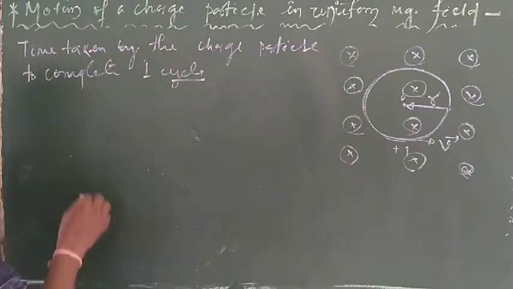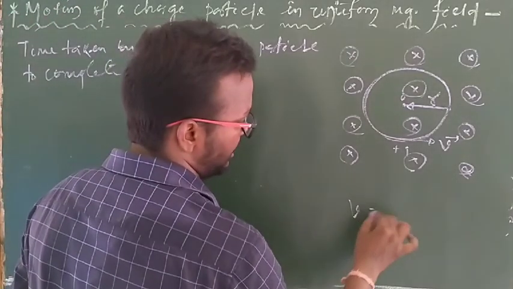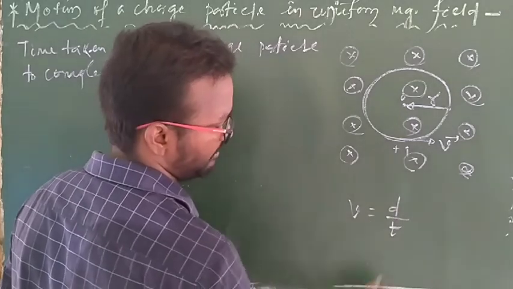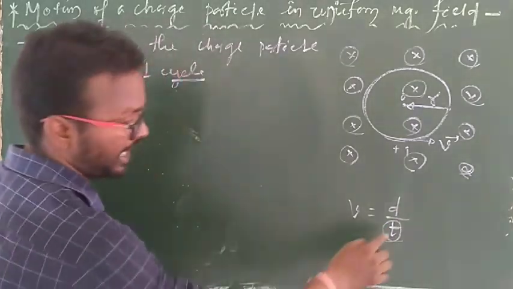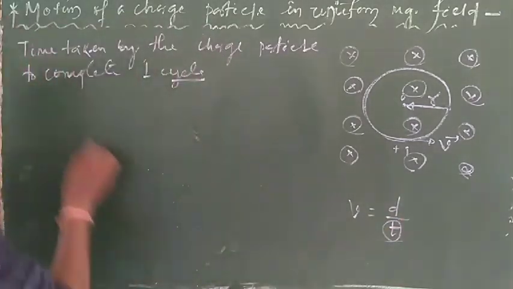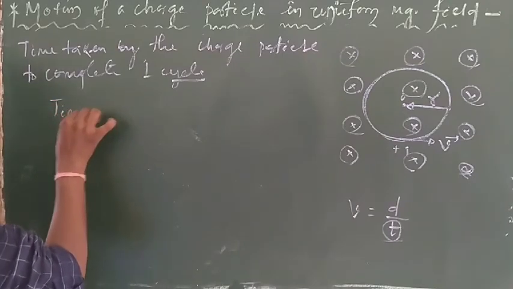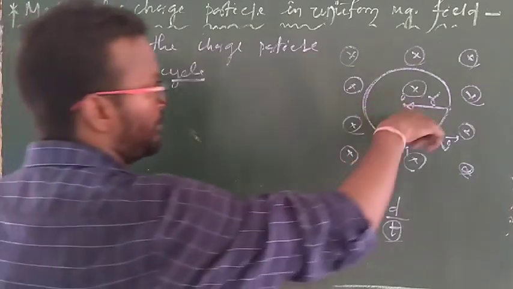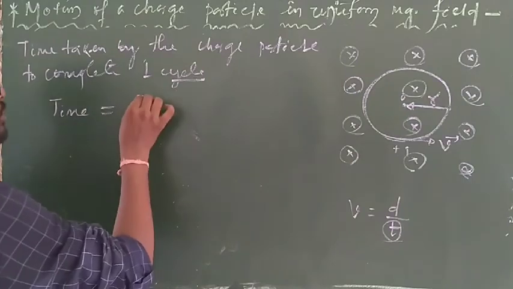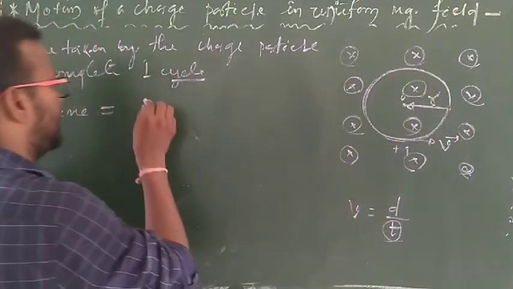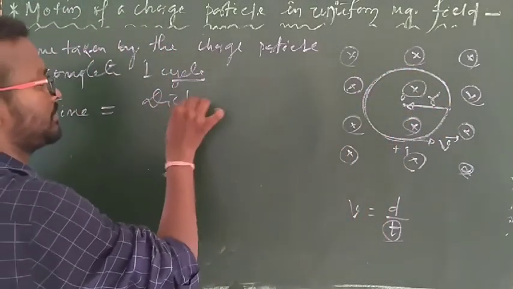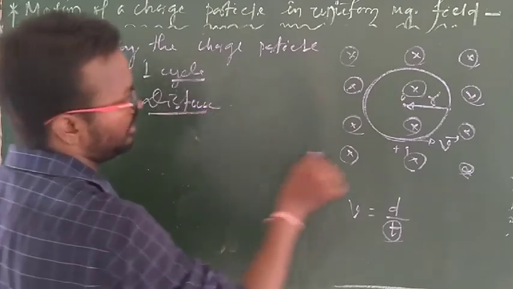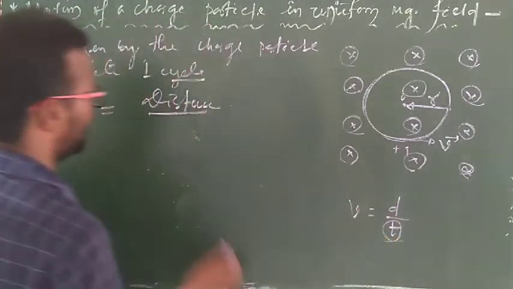Clear? So what is time? We know velocity equals distance by time. Now we have to find time, so time equals distance by velocity. So the time period, the time taken by the charged particle to complete one cycle, is equal to the total distance traveled divided by velocity.